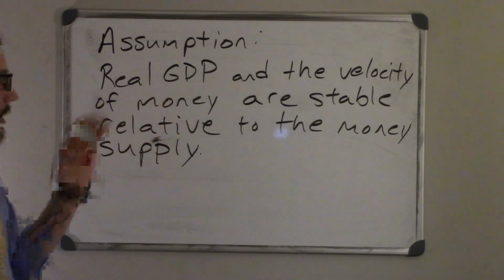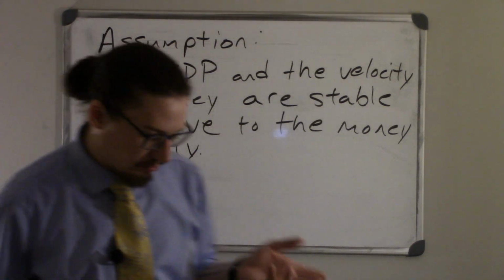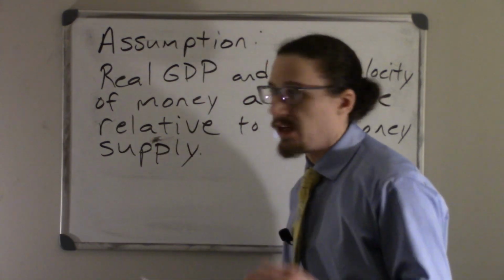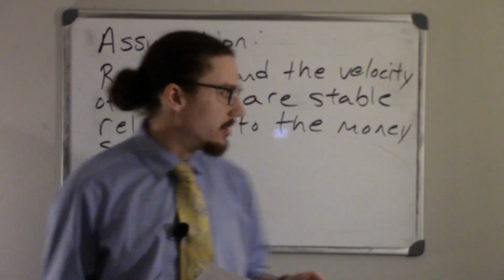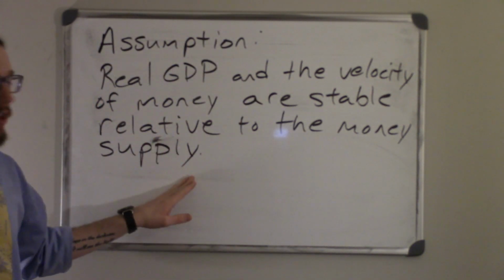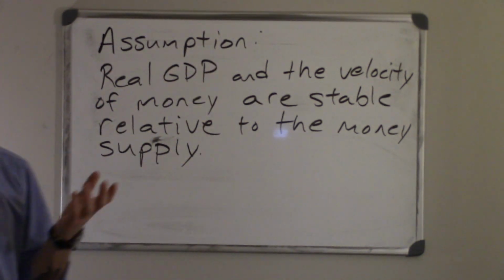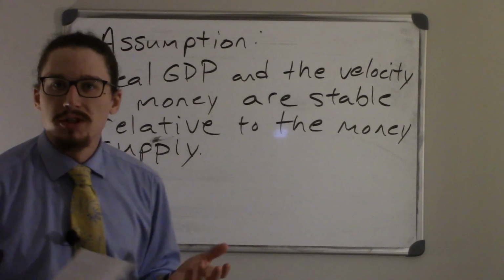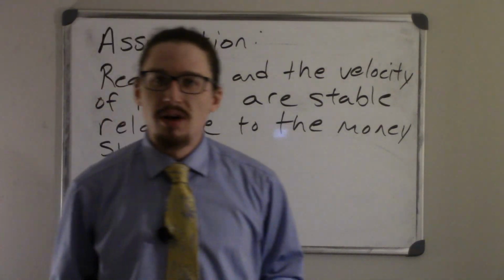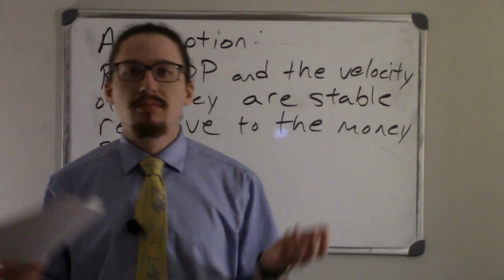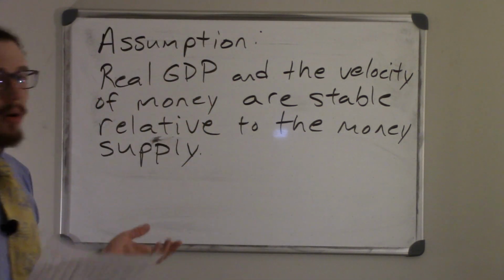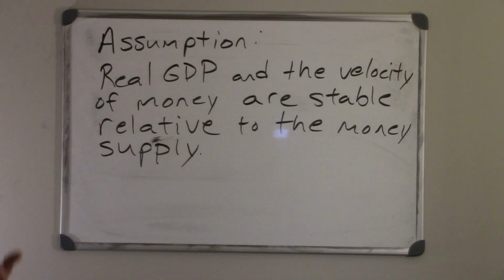GDP doesn't grow very fast, and probably real GDP even less so than that, especially in already industrialized countries. I think the U.S. usually has around a 2 to 3% GDP growth rate. That's what it usually is. It can be lower than that, it can be a little higher than that, but that's about where it stays. So it's not changing very much.